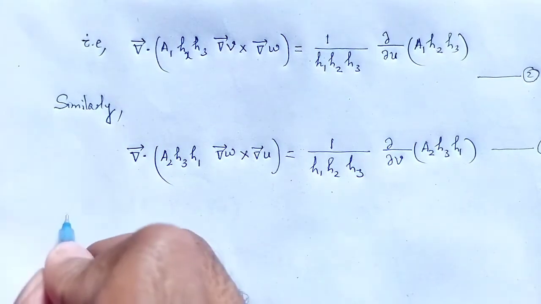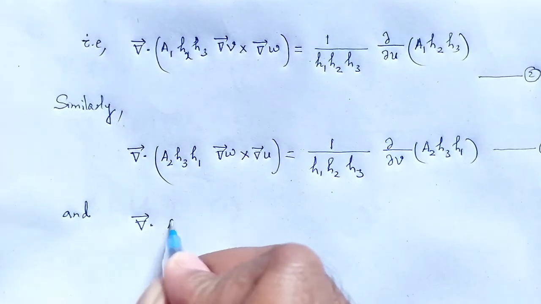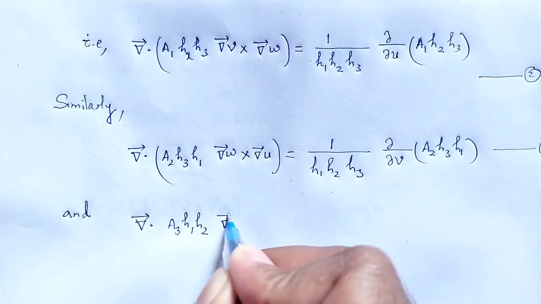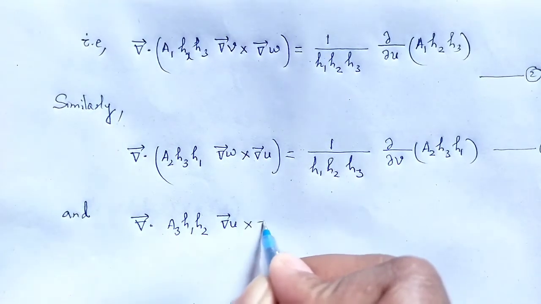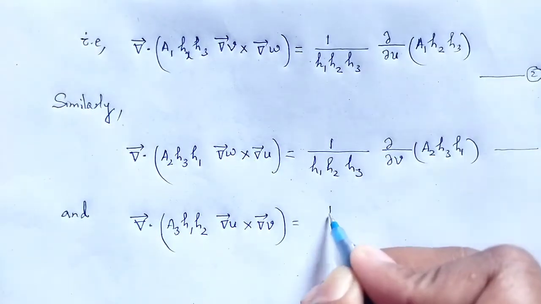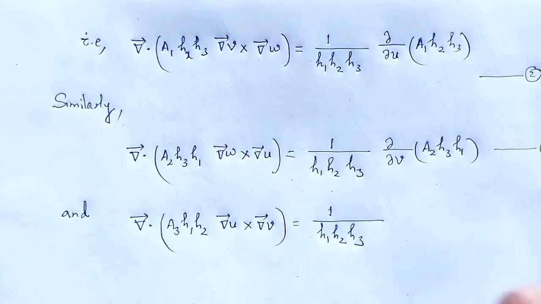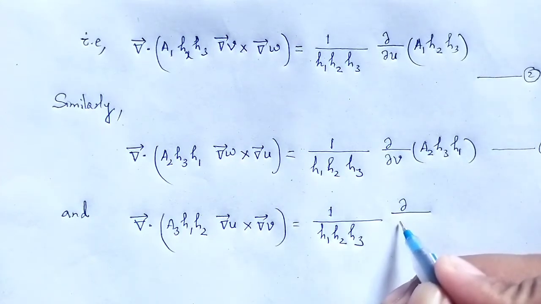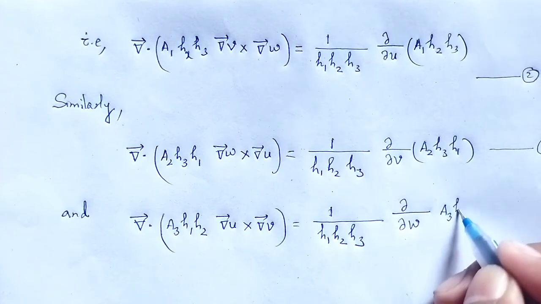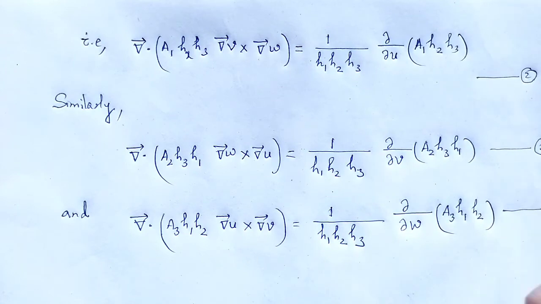And the final term, grad dot of A3 H1 H2 grad U cross grad V, is equal to 1 by H1 H2 H3 del by del W of A3 H1 H2, equation number 4.